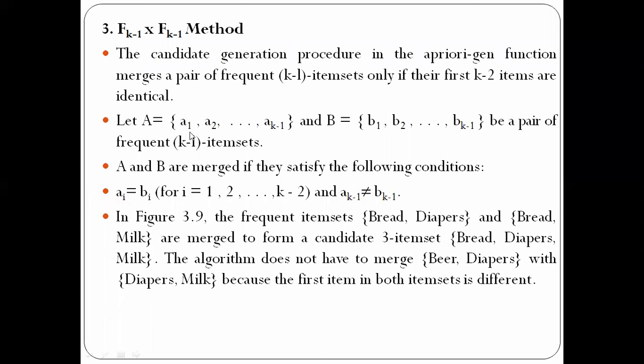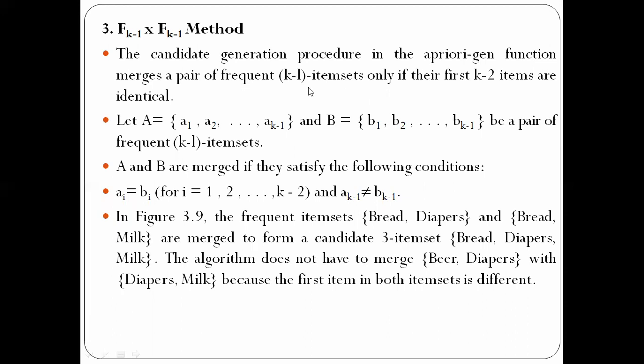For example, if you have two item sets here, A and B, where A contains a1, a2, ..., ak-1 and B contains b1, b2, ..., bk-1, these are the two frequent k-1 item sets. When we join these two, the first k-2 items must be the same: a1 must be equal to b1, a2 must be equal to b2, a3 must be equal to b3, and so on, up to ak-2 equal to bk-2.